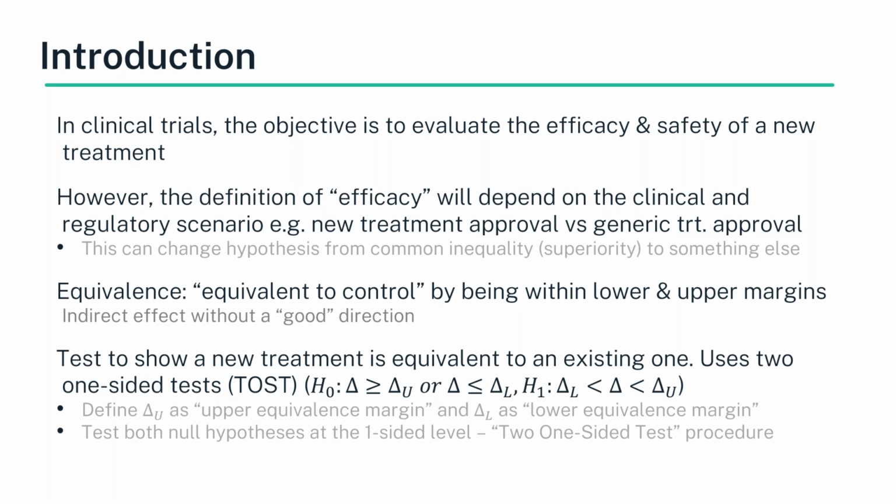In clinical trials, the objective is usually to evaluate efficacy and safety of a new treatment, and a hypothesis is formed based on these primary study objectives. And so a hypothesis statement is a statement made about the effectiveness or the safety of this new treatment in the population of interest, and it defines the study variables that are considered the primary clinical endpoint, so that hypothesis can be tested then using an appropriate statistical method.